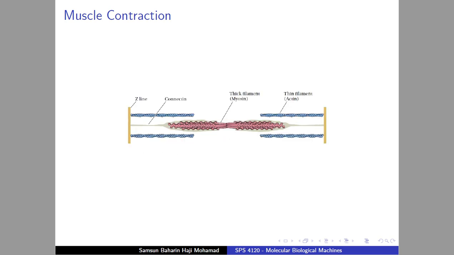Okay, so here again, how the muscle contracts. Thick filament is myosin, thin filament is actin.